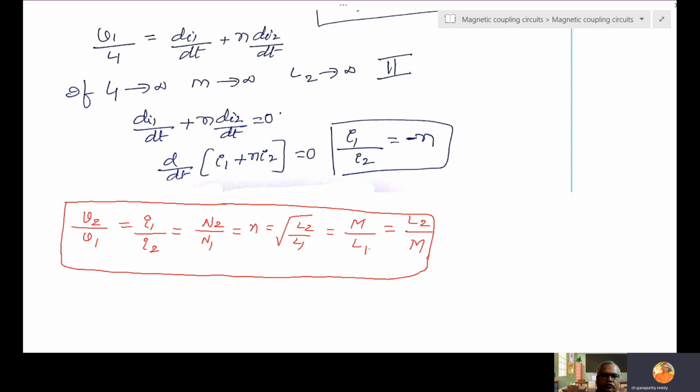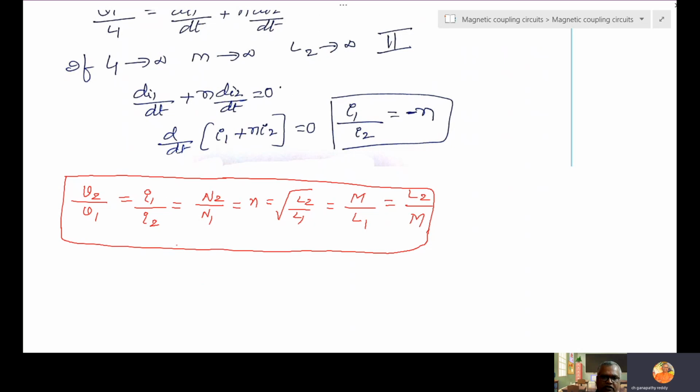So basically, how is a coupling circuit mapped to a transformer? A transformer is based on a coupling circuit only, but the transformer representation is different. It is like a coupling only, so here we keep two dots. In any transformer, we apply voltage in the primary, then current I1 will enter, and because of this, voltage will appear.